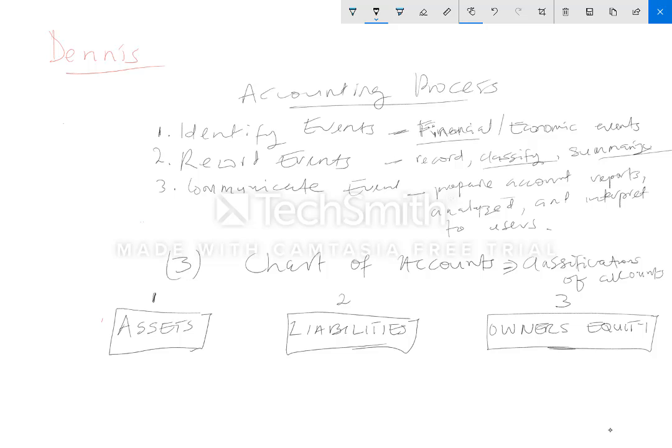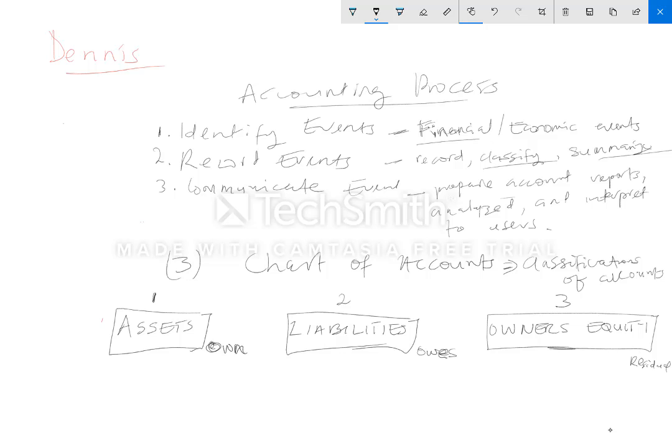So this one here is what the company owns, what the company owes, and this one is the residual.